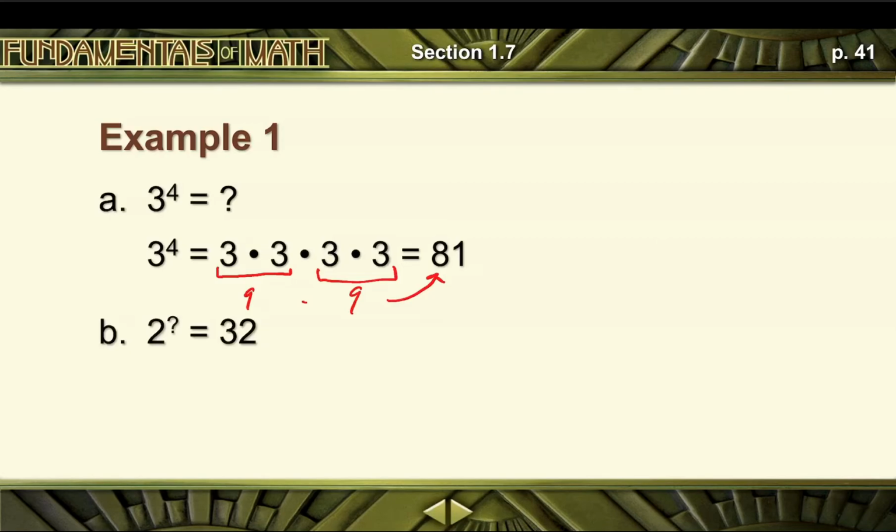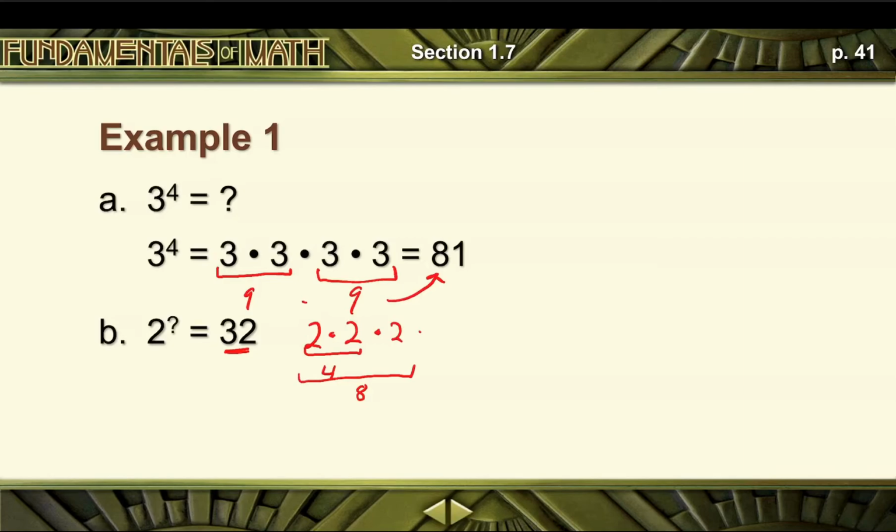The next one's asked a little bit differently. It's saying 2 to what power gives us 32. So we're going to try to think through this a little bit. So let's just start working our way out. 2 times 2 is 4. Times another 2, that's 8. So we're not to 32 yet.